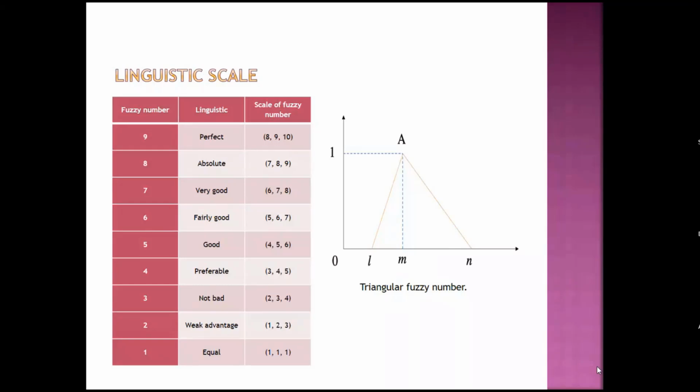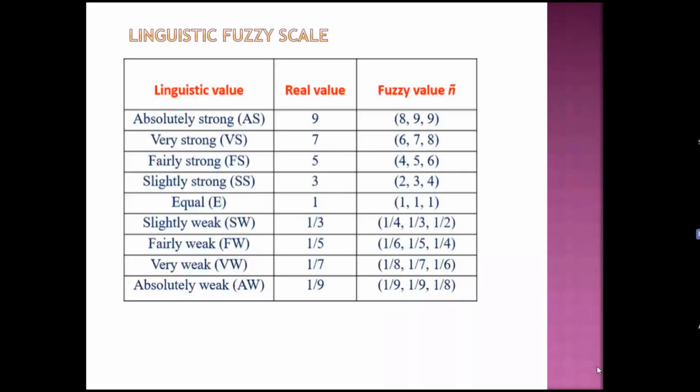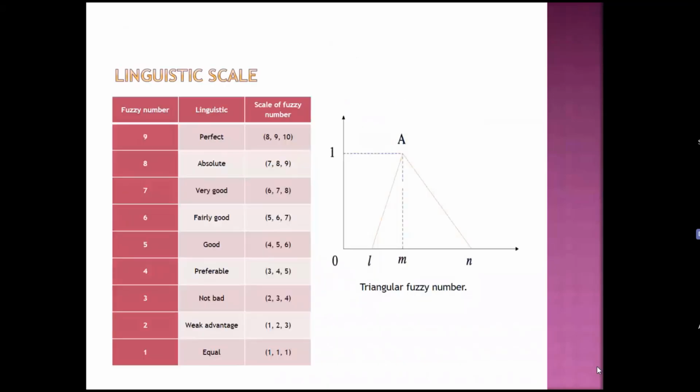In the table you can see that, as in the previous figure, someone says 9 as absolutely strong value, someone says it's perfect value.